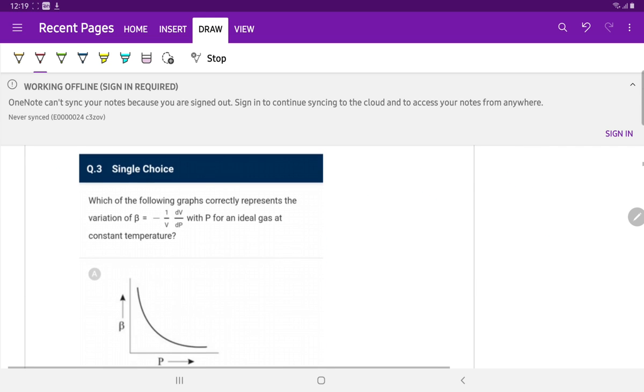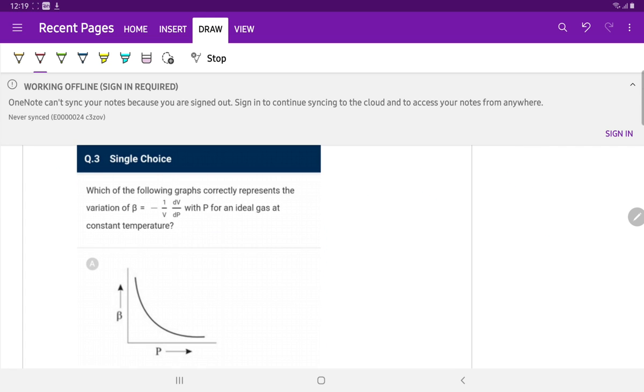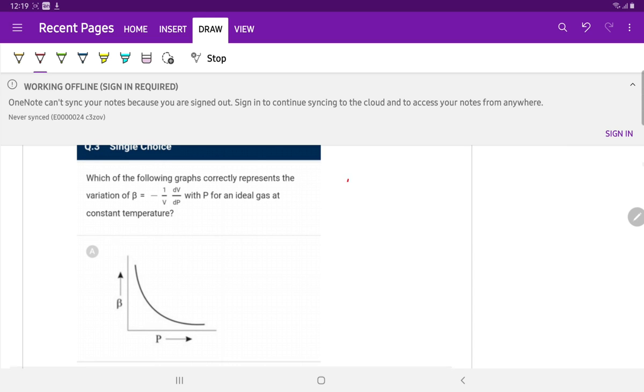Question number 3. Which of the following graphs correctly represents the variation of beta is equal to -1 by V dV by dP with P for an ideal gas at constant temperature? We know very well that PV is equal to constant. On differentiating on both sides, PdV plus VdP is equal to 0.